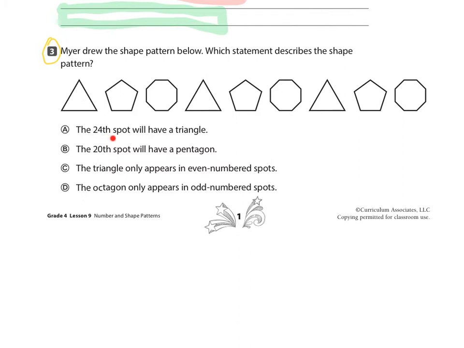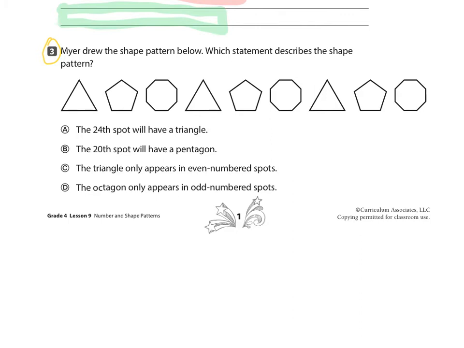The 24th spot will have a triangle. The 20th spot will have a pentagon. The triangle only appears in even-numbered spots. The octagon only appears in odd-numbered spots.